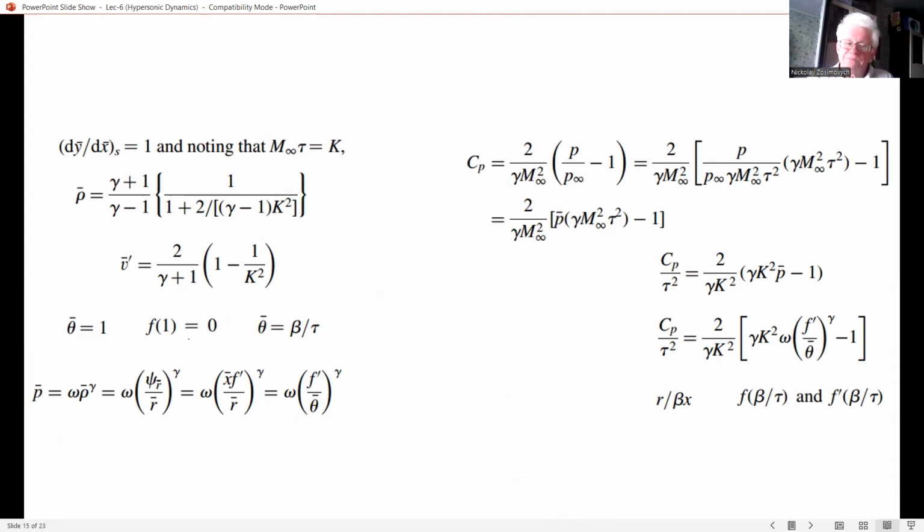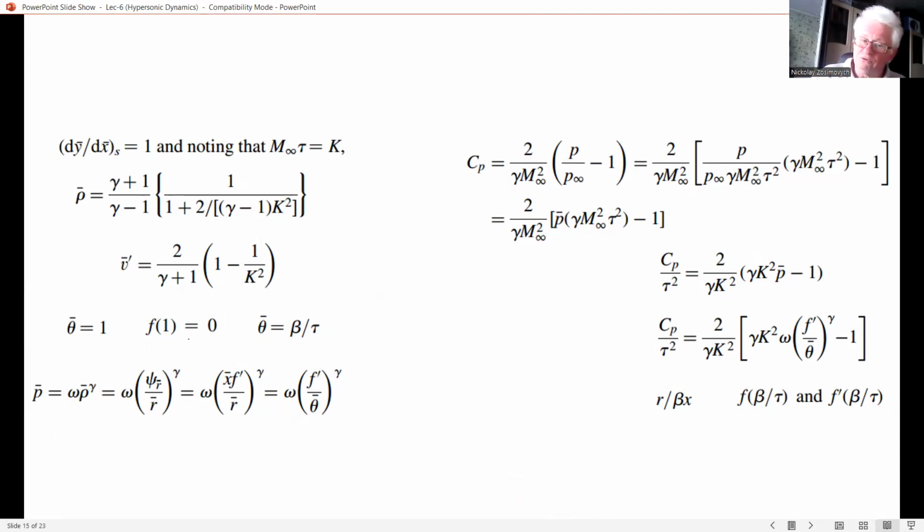And third, continue this integration until theta average reaches the value equal to 1, and then check to see if the body boundary condition is satisfied. That is, the function of 1 must be equal to 0, satisfied by the numerical integration.